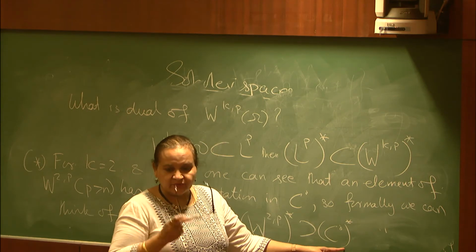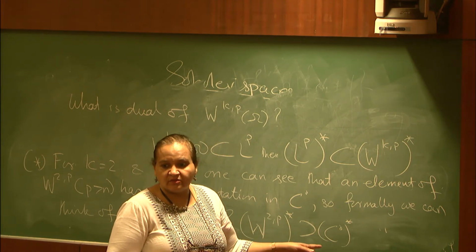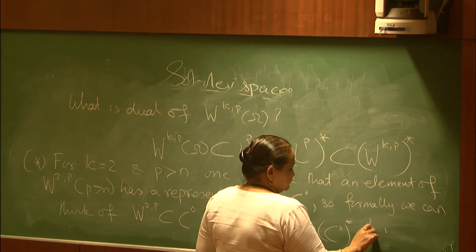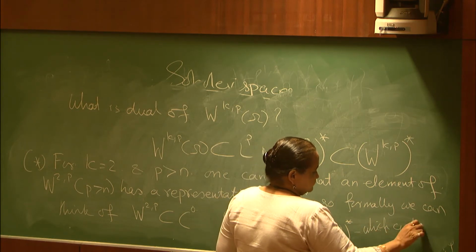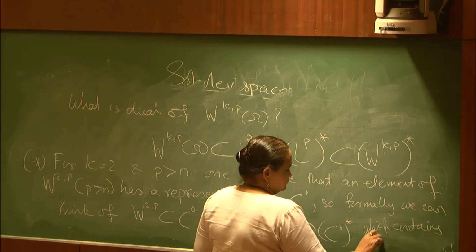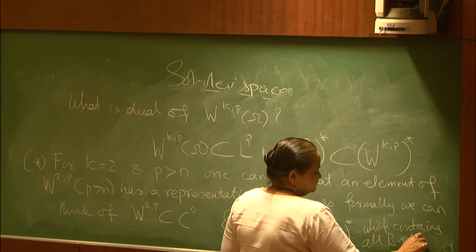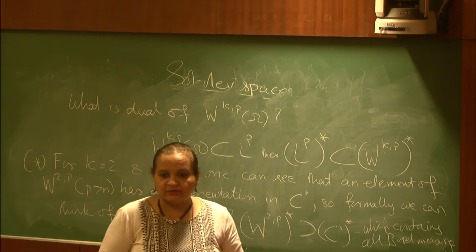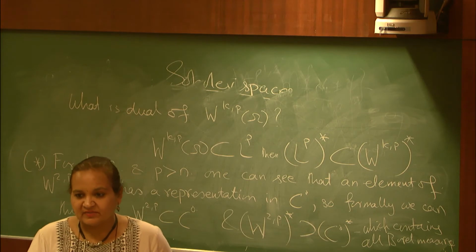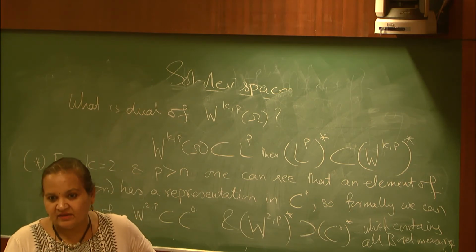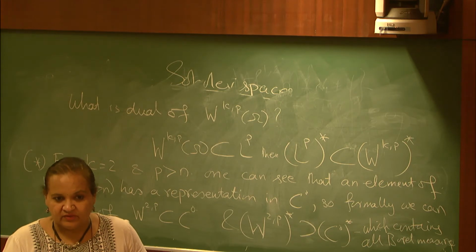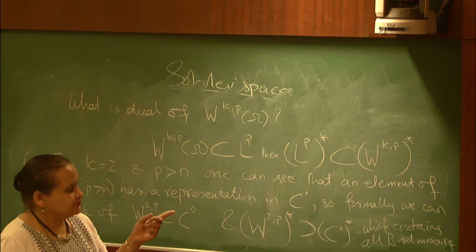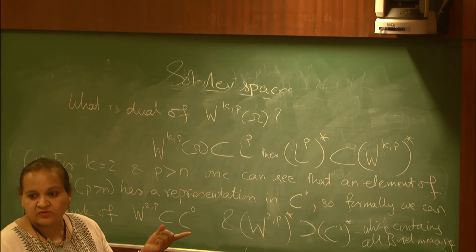This dual, if you work it out, contains all the Borel measures. I'm just writing this to show that when you are trying to calculate dual spaces of these Banach spaces, they can be very complicated. It is not easy to find the duals straightforwardly. But for our Hilbert spaces, it is going to be easy.